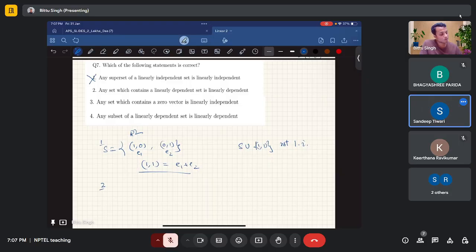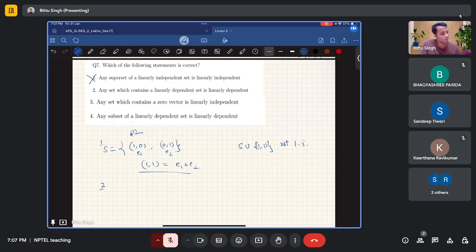Now for option 2. This is correct. Any set which contains a linearly dependent set is linearly dependent. So suppose T is linearly dependent. Suppose T is row 1, row 2, row 3, and those are linearly dependent.